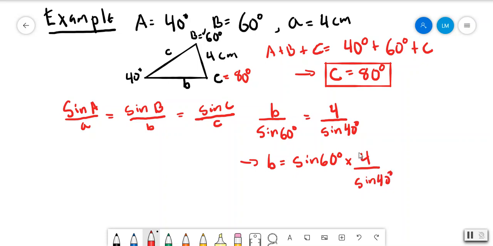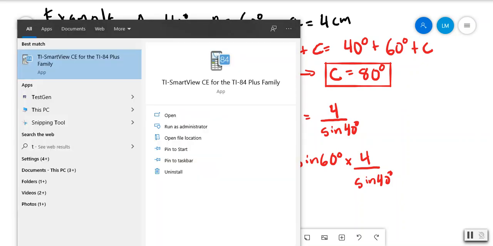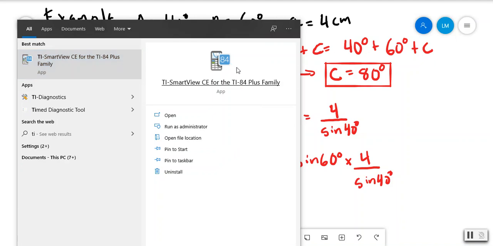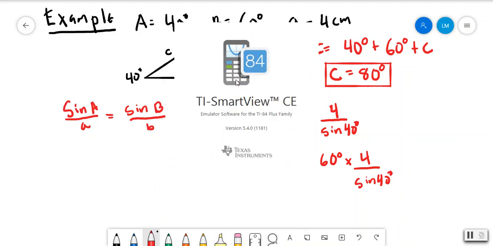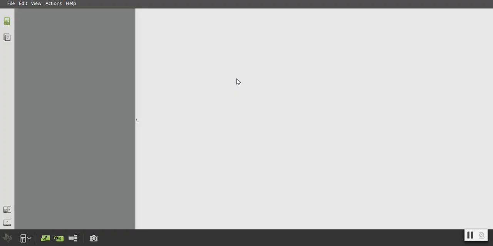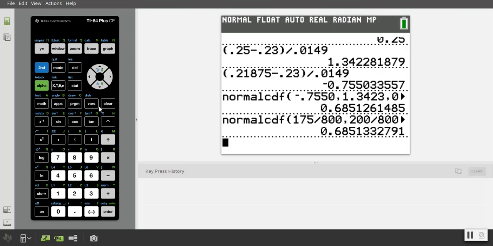Now, if we plug this into our calculator, that's pretty simple. I'll leave the calculator open since we're going to need it for the computations.